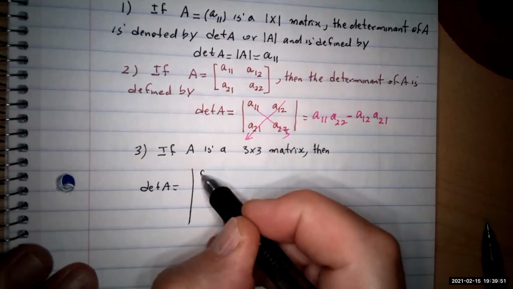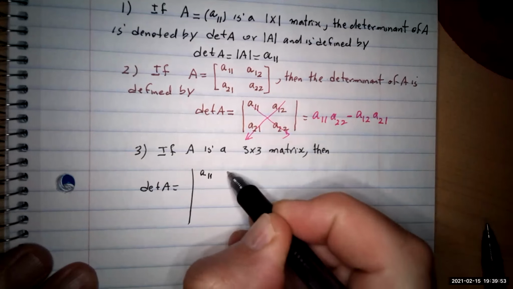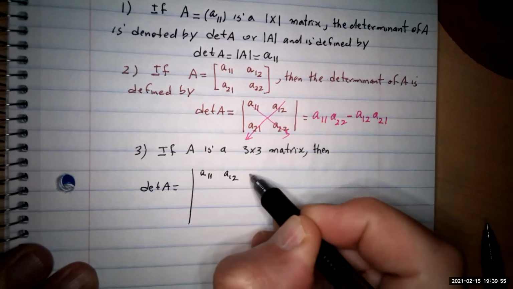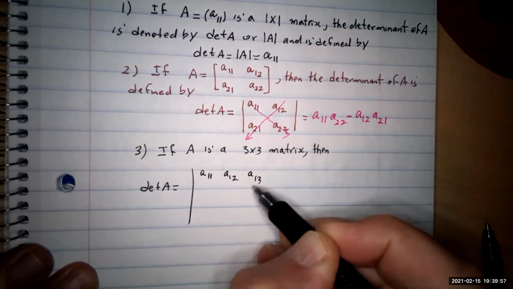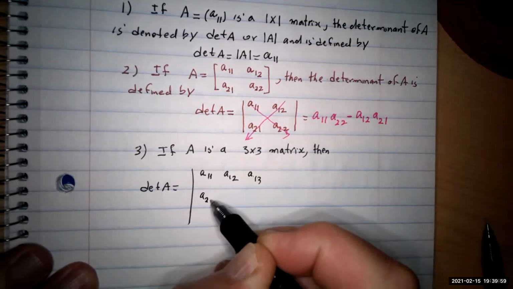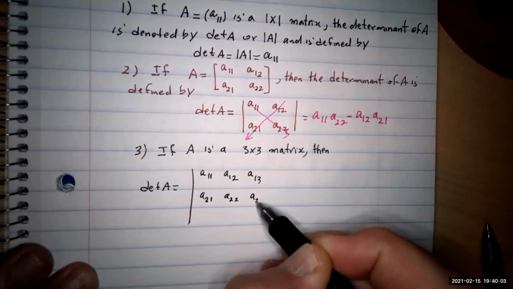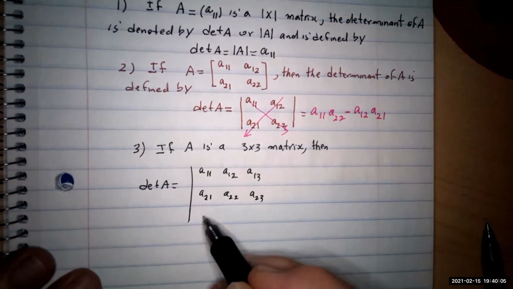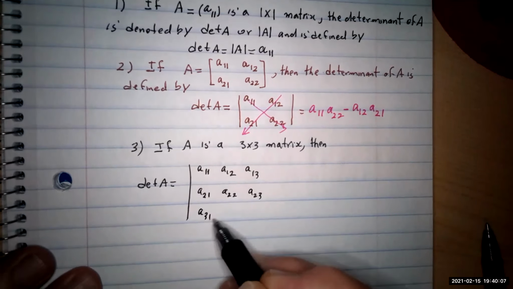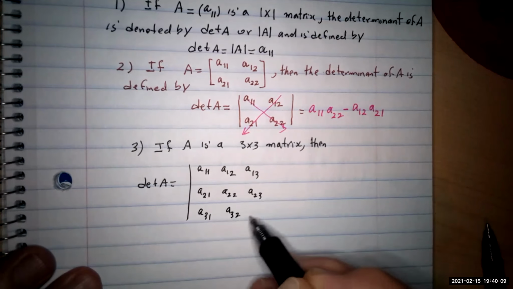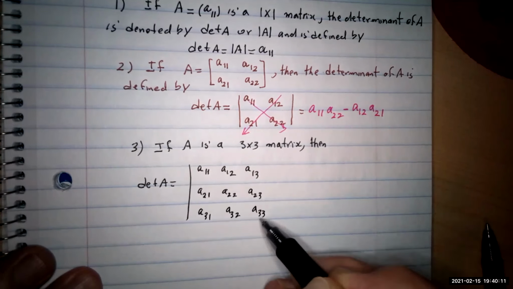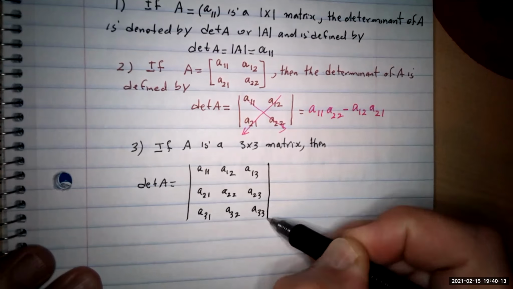The matrix is going to be A11, A12, A13. Then we get A21, A22, and A23. Then we come back here and we get A31, A32, and A33. So you want to find the determinant of this matrix.